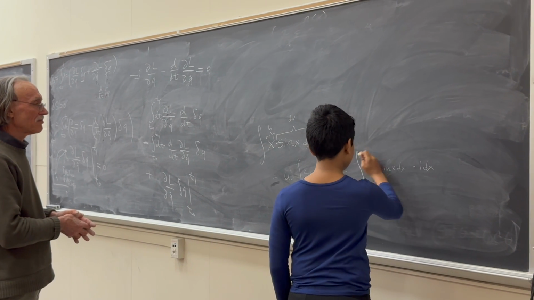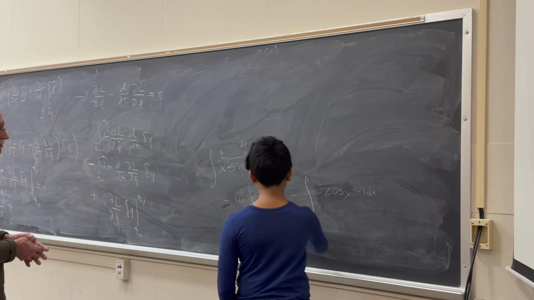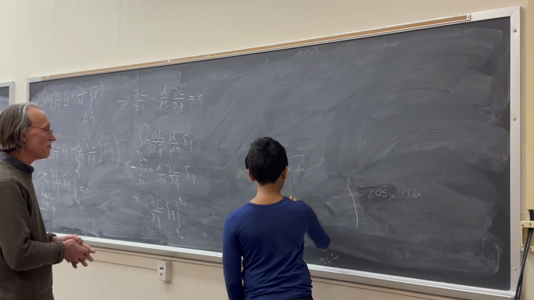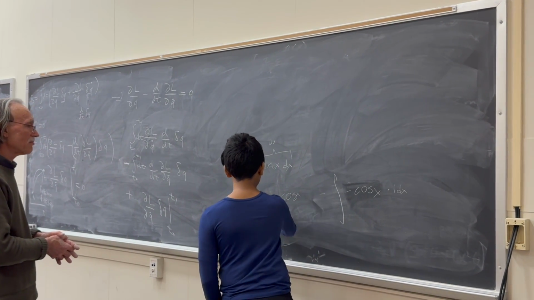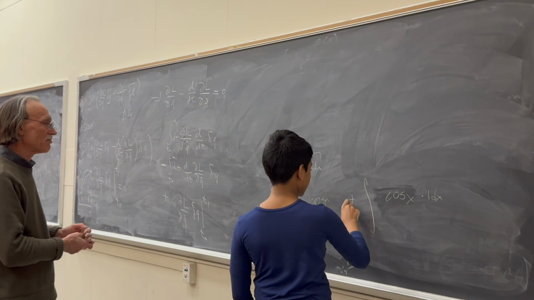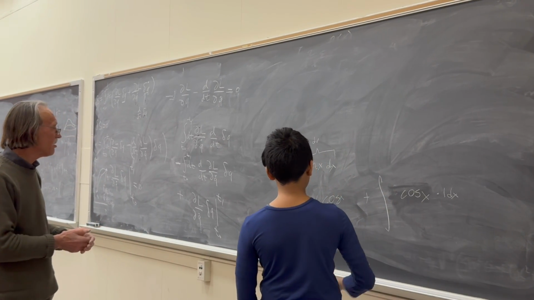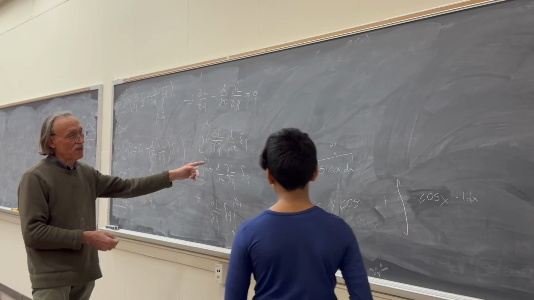Now, of course, the integral of sine x dx would be minus cosine x, and so you would plug that in here, and this would be x. And so you'd just be given this and the integral of cosine x dx. Yeah, right, this is the same.